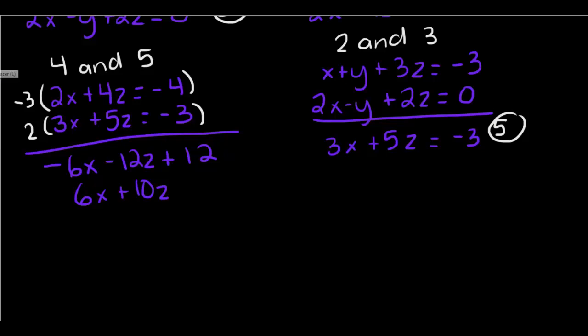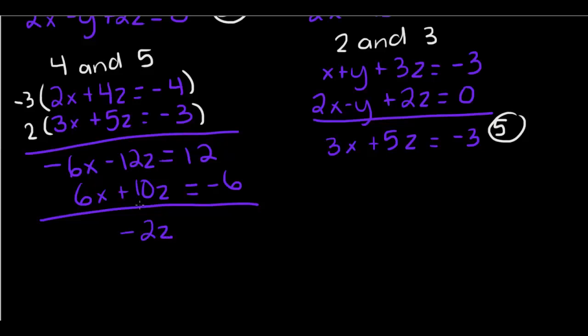And I wrote a plus here, I was supposed to write equal. My bad. 2 times -3 is -6. So then we combine them. -6x plus 6x, they cancel out, which is what I was saying before. -12z plus 10z is -2z.